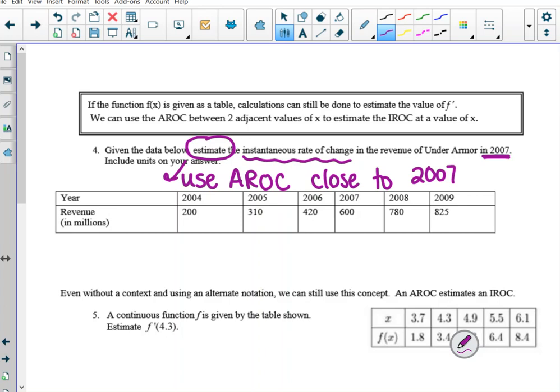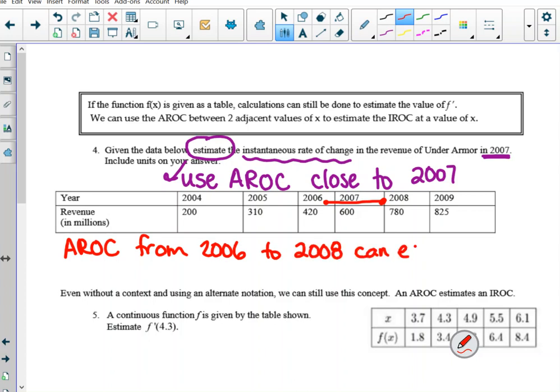If we talk about an average rate of change sort of around or across 2007, for example, from 2006 to 2008, that average rate of change is a good option for an estimate of the instantaneous rate of change in 2007.